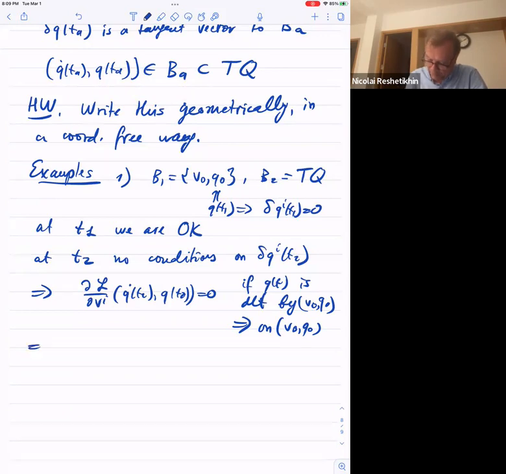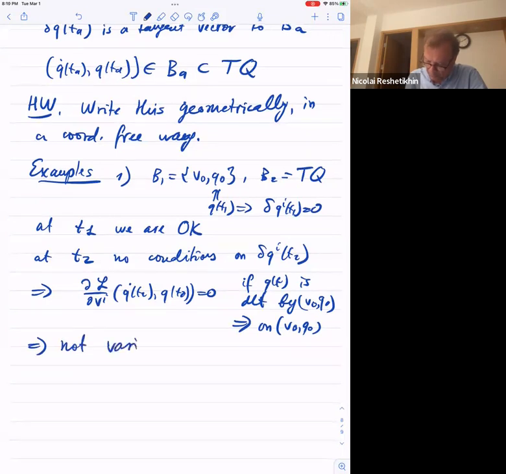So that means that this is an example of not variational boundary condition. So this is not variational.